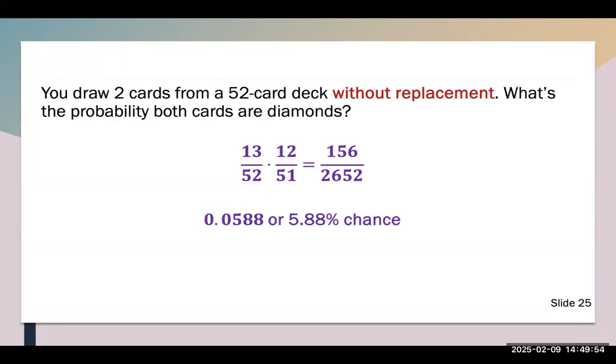So it's not going to be like in the past, where it was 13 over 52 times 13 over 52. We have to take into account that we put a card off to the side. Now, if you multiply these two fractions together, you get 156 over 2652, which is 0.0588. So there's about a 5.88% chance that this would occur.